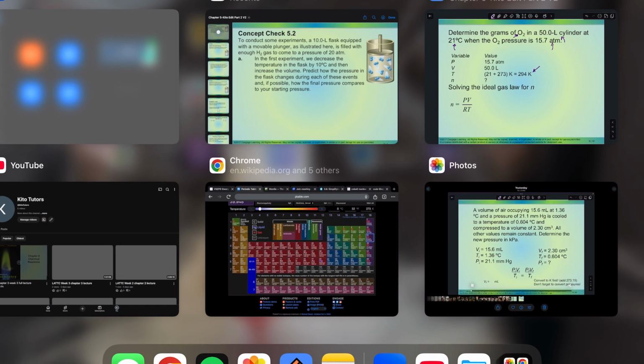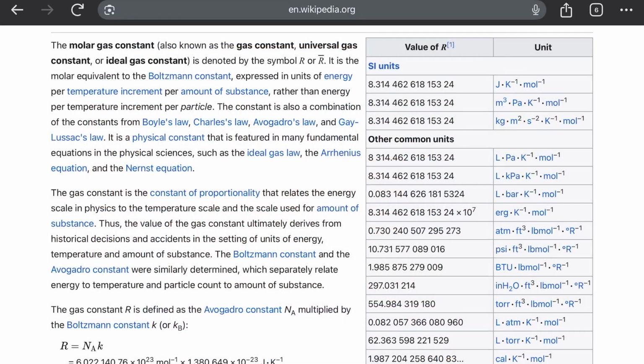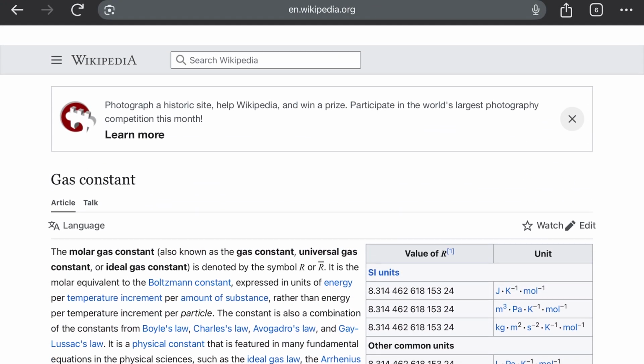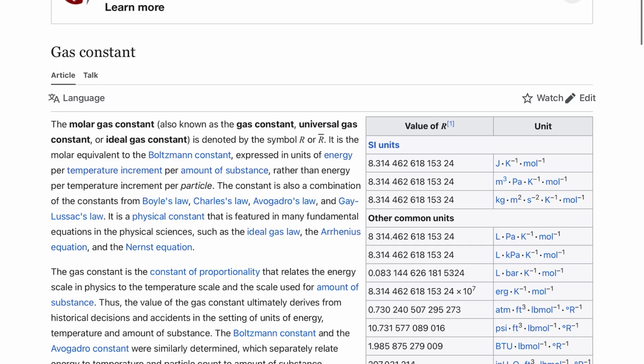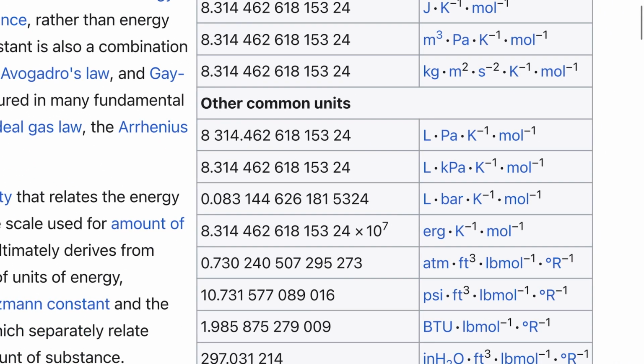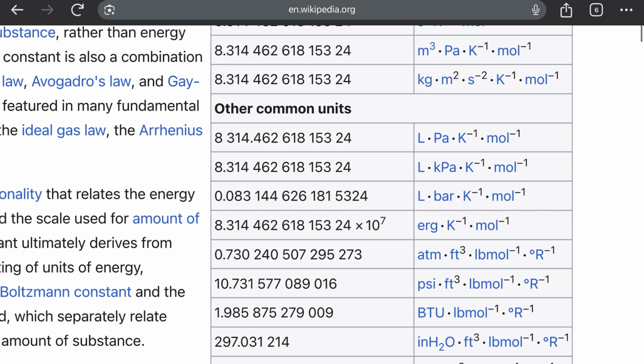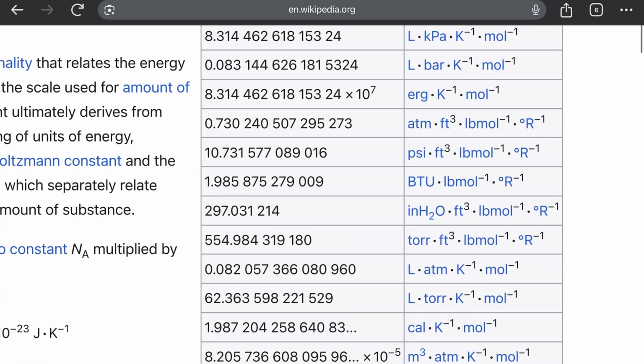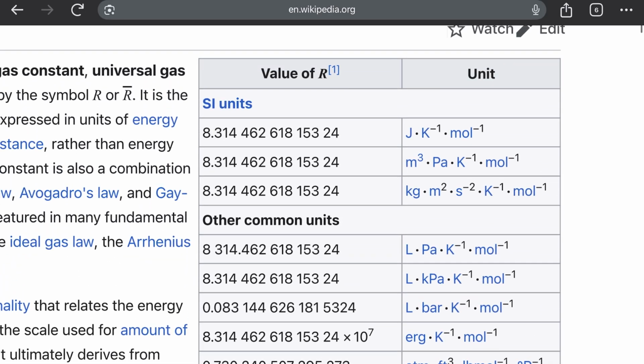Luckily, I have already got this up, but this is the Wikipedia page for the R gas constant. I just want you to look at the sheer number of gas constants that there are. There are many, many different ways to calculate this gas constant.